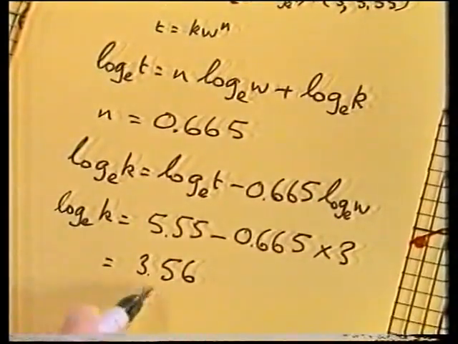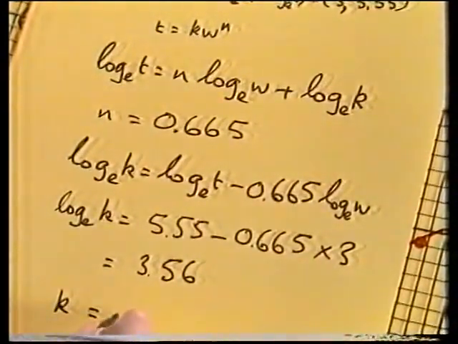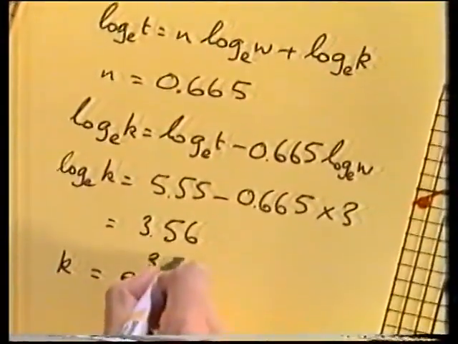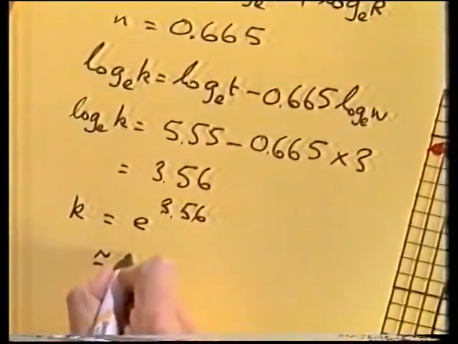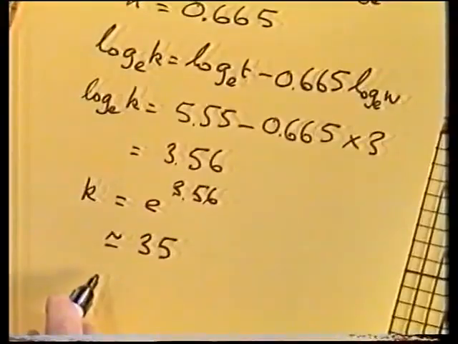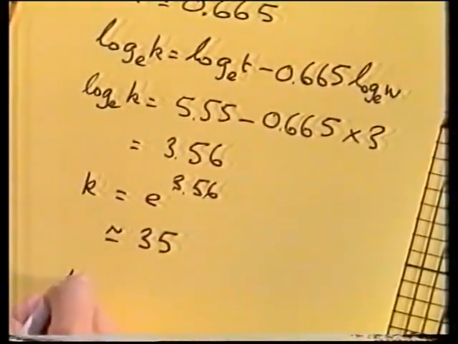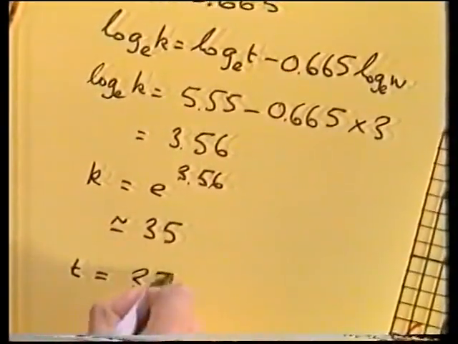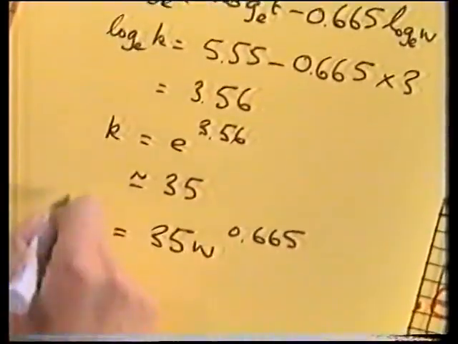Well, log k is 3.56, so k itself is e to the 3.56, and I can work that out. It's about 35. So our conclusion from the log-log plot is that the data are quite well fitted by the power law T equals 35 W to the 0.665.